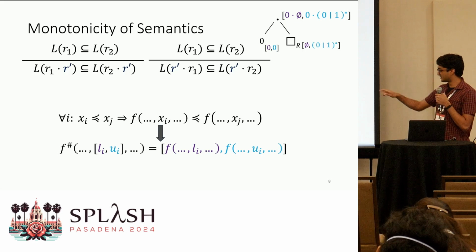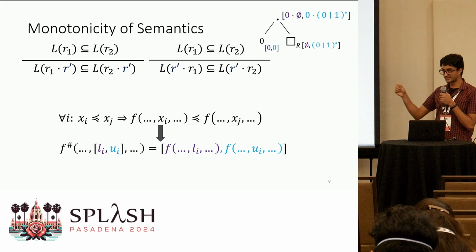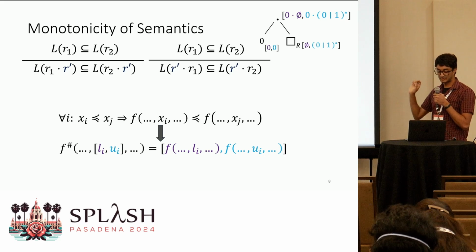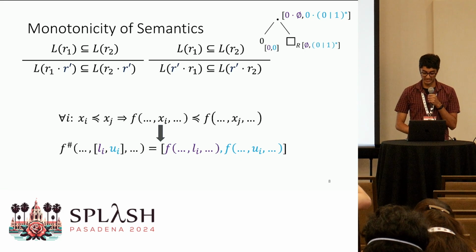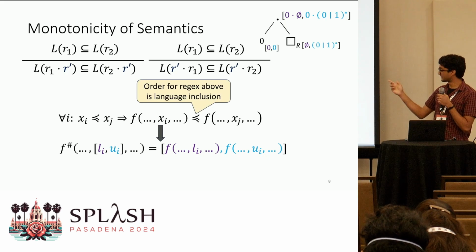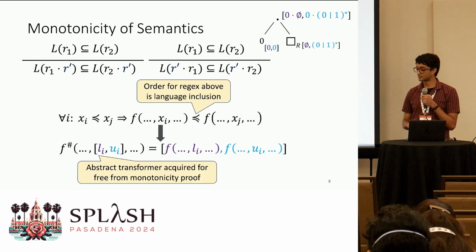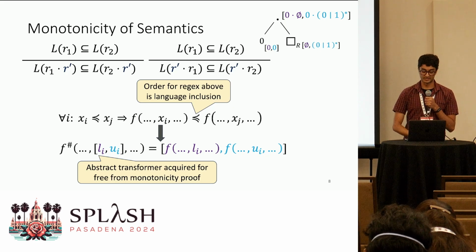Then we can get the abstract transformer, F-sharp, simply by applying this endpoint recipe that I talked about, where we take the intervals as inputs and apply our concrete transformer F on the left bounds and the right bounds respectively. To connect this with our example above, in the case of regular expressions, our order was just language inclusion. And what's nice is that the abstract transformer we get here was effectively acquired for free given a proof of monotonicity.